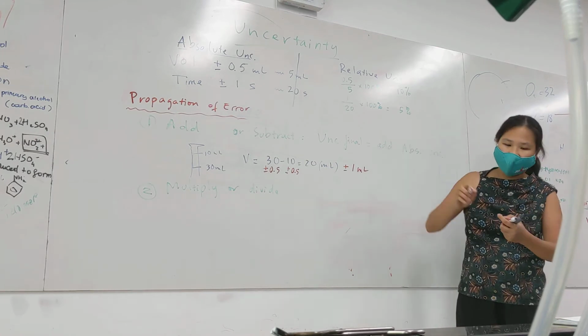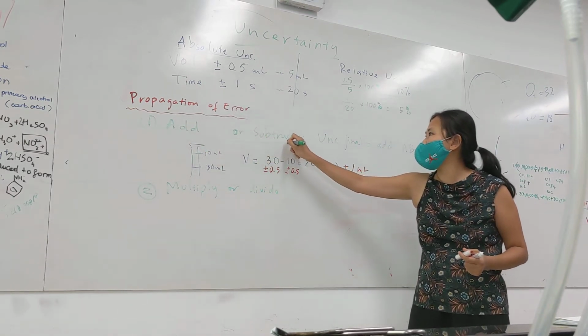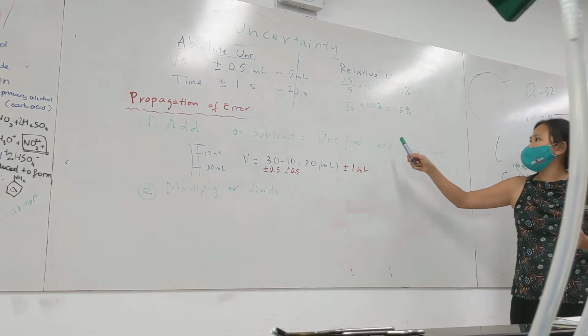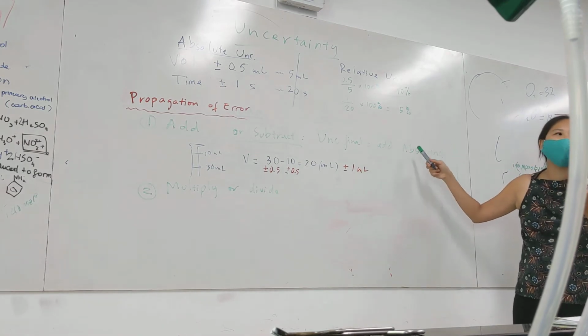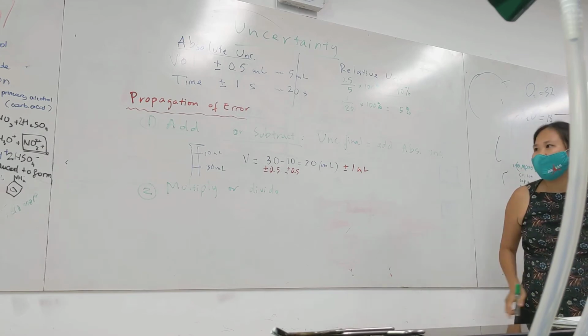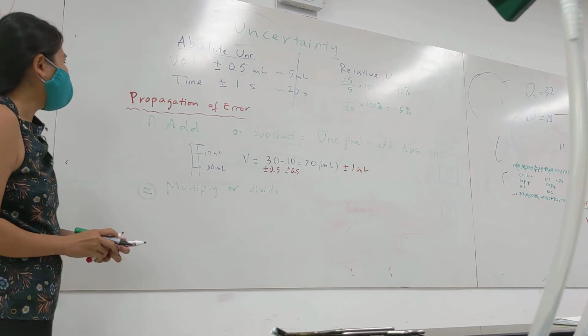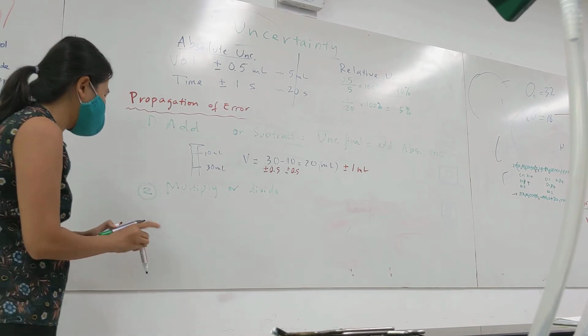So for the case where you're adding or subtracting two values, the final uncertainty is adding the two absolute uncertainties together. Yeah? All right, when you multiply or divide, the situation is a little bit more complicated.